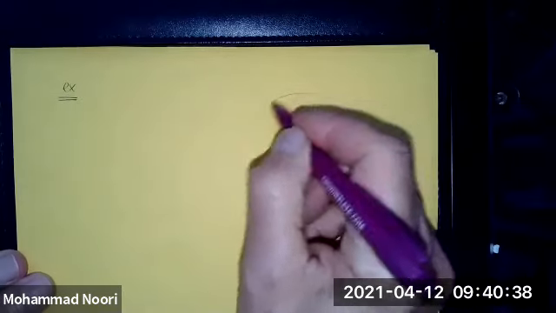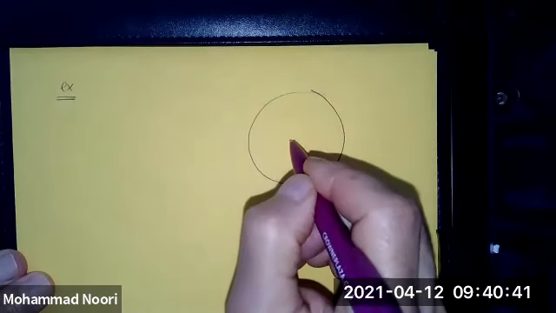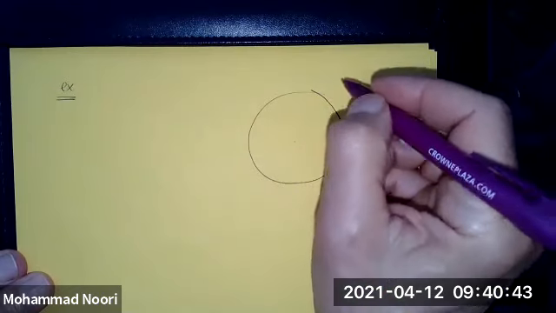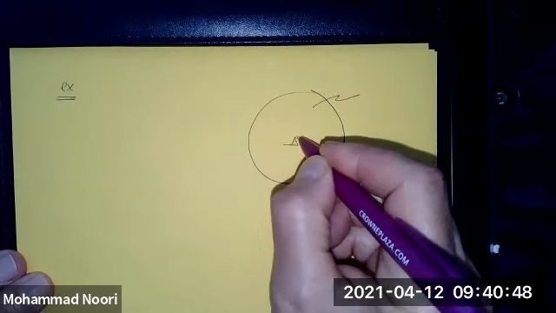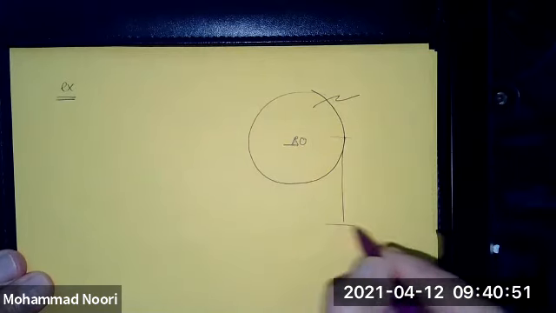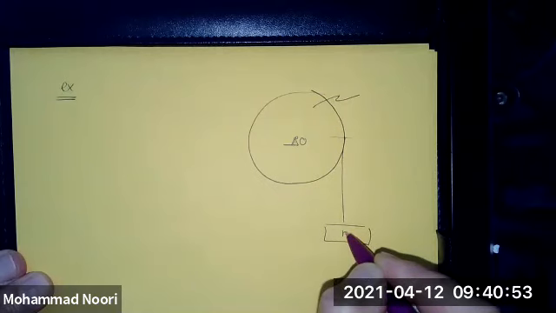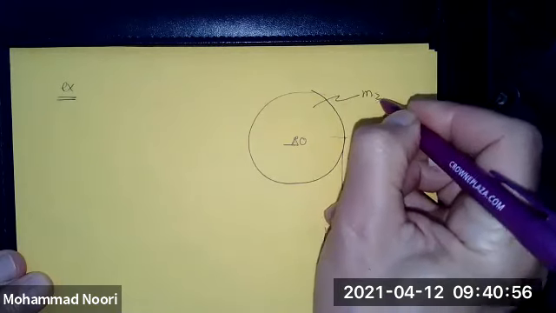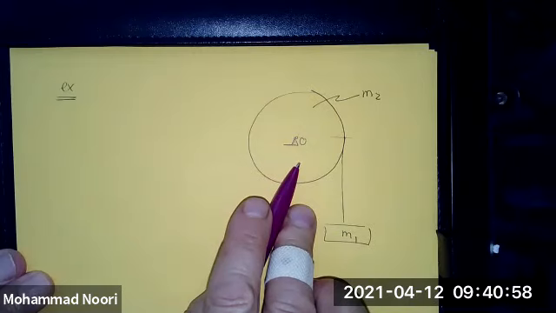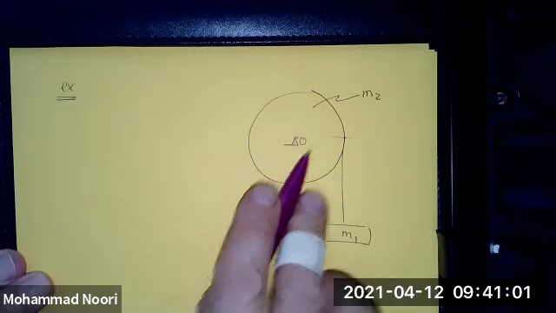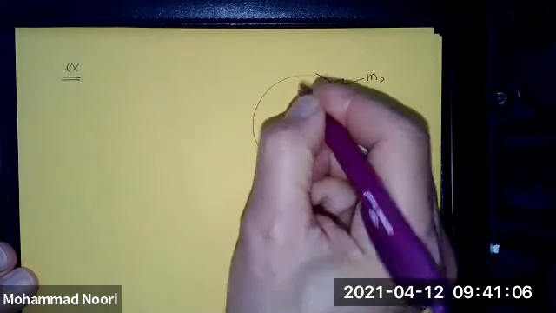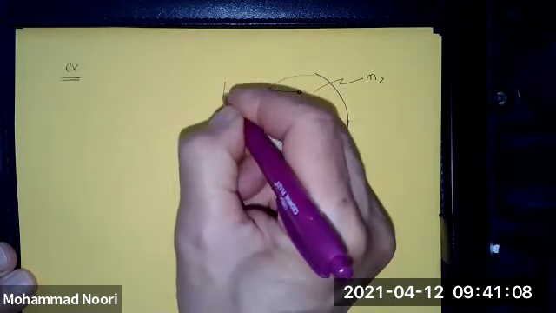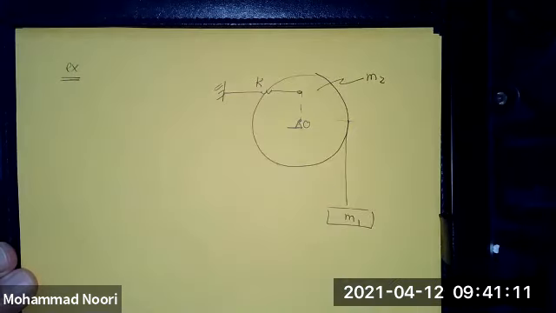Let's say you had that disk, and I'm not going to ignore the mass of this disk this time. You had this mass attached to this. Let me call this mass 1, because I'm not going to ignore the mass of this disk, which I did before. So this is mass 2. You had this spring attached to this. This was the stiffness of that spring.